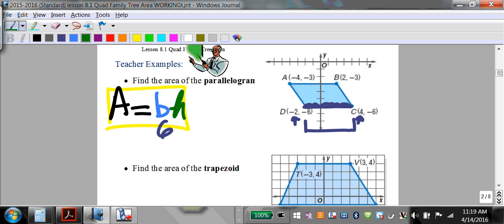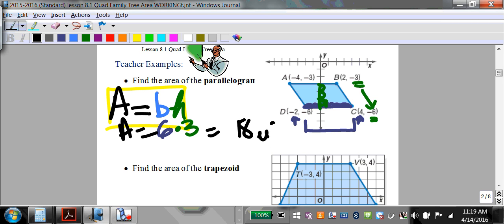Now let's trace our height. Height is completely vertical this time. So we look at our y coordinates, and you just look at what this would be from -3 down to 6. How many units? 3, and its distance is always positive there, so you don't say -3. Area equals, and we've got 18, no units, you just write units squared, and life is good.